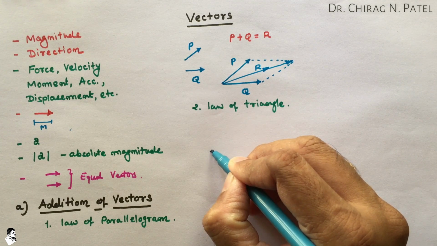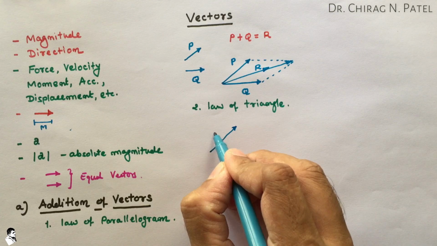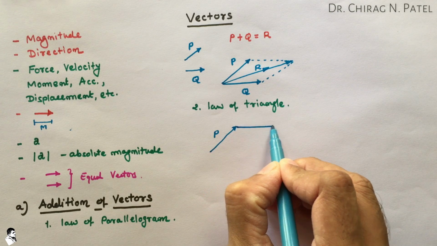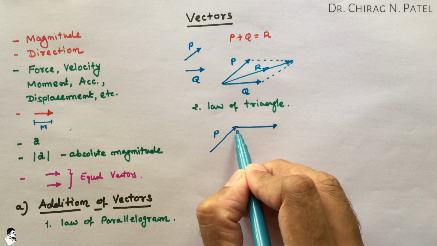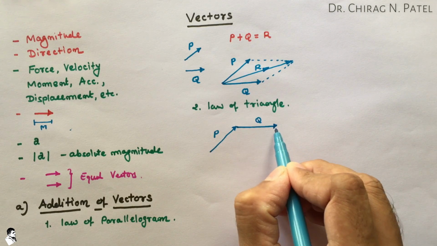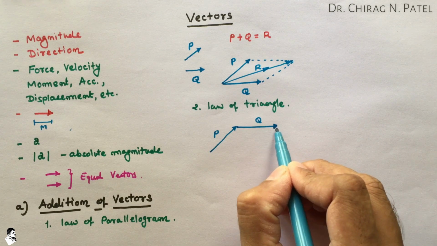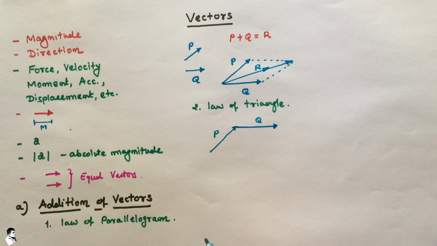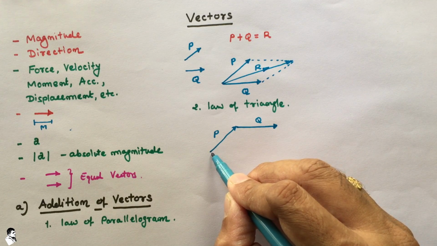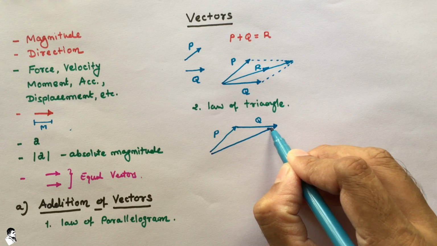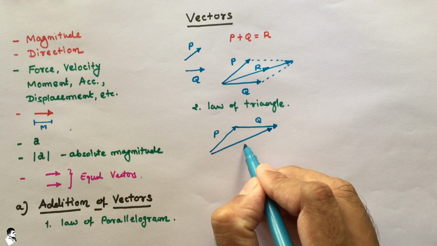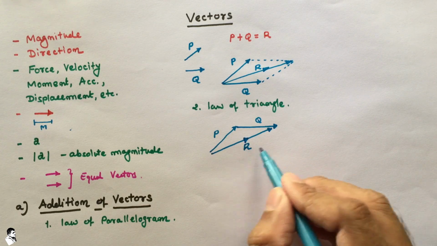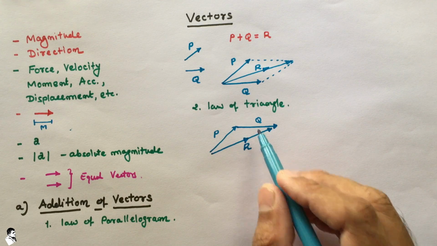First we represent vector P. Then you draw the Q vector starting from the head of P and ending at the head of Q, with the proper magnitude, and join the tail of P to the head of Q with a new vector. That vector is the summation vector of the vectors P and Q.